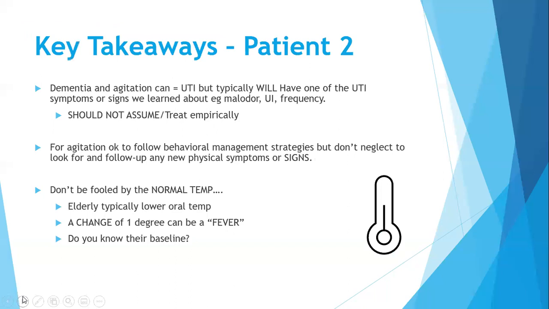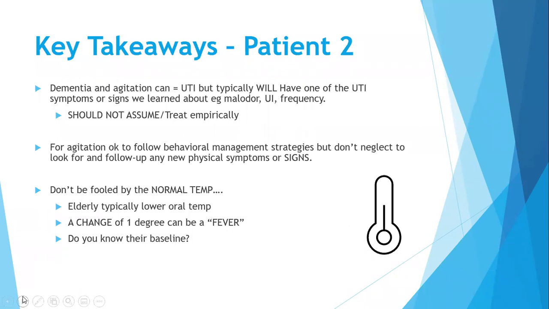Yeah. So the research would also tell us, and I'm using this as a way to sneak in an important point, that dementia and agitation can go together. But if the agitation is related to a urinary tract infection, you will most likely also have something new happening with regard to urinary incontinence.